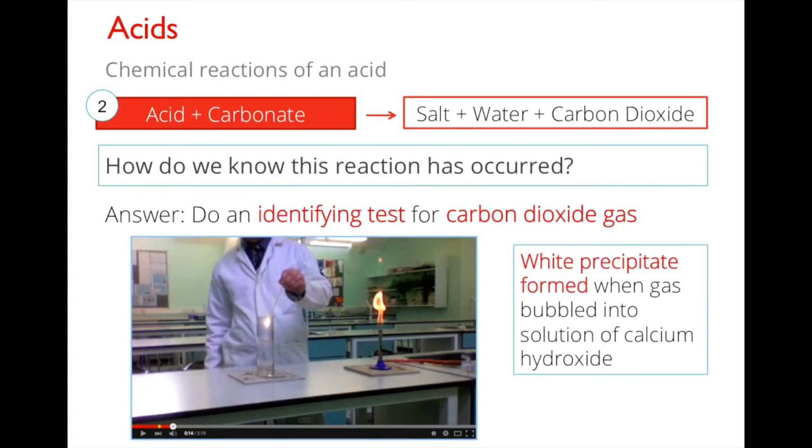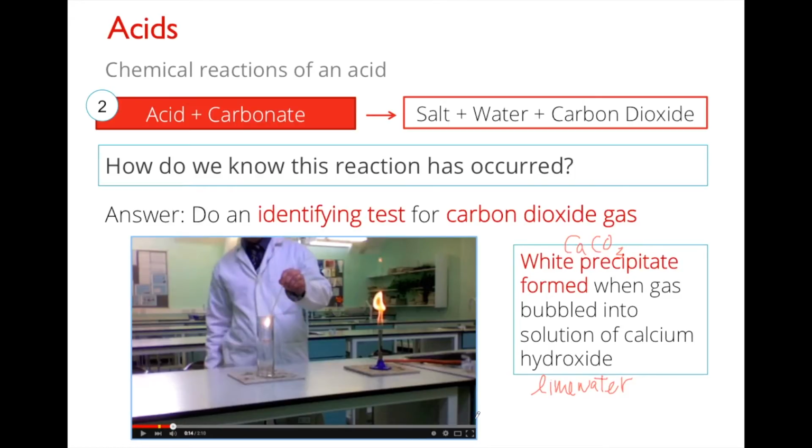Here, calcium hydroxide is your lime water. This white precipitate formed, do you remember what this is? This is actually your calcium carbonate.